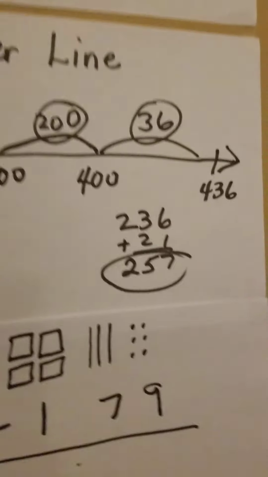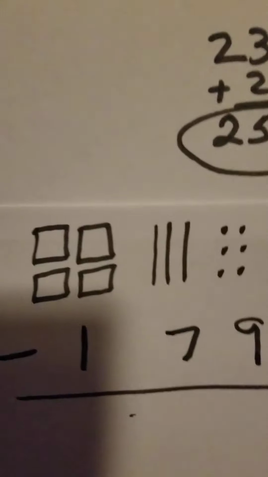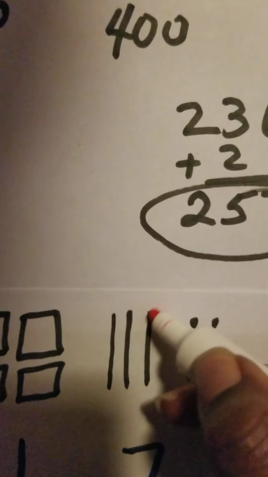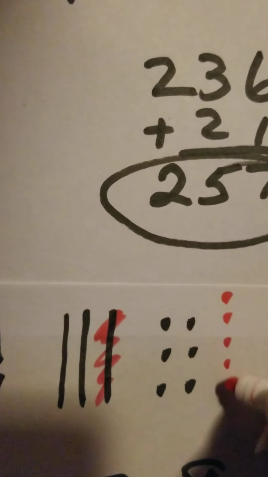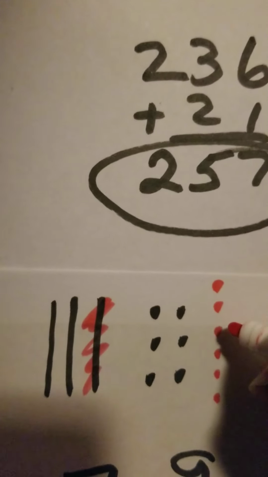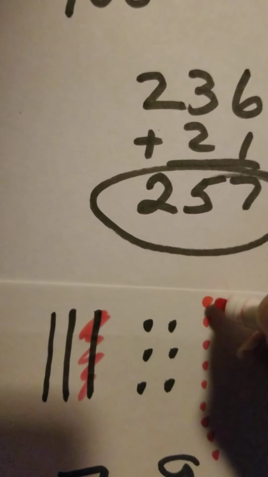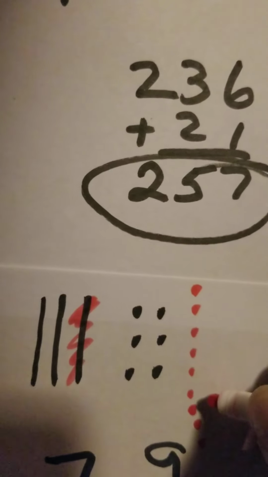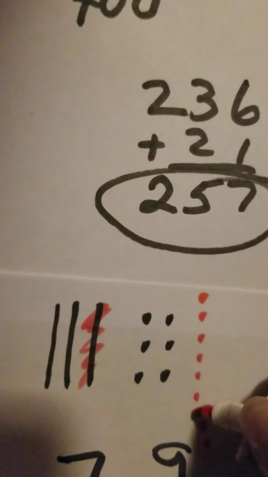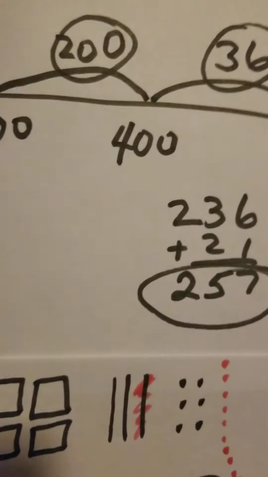We need to change how we have these numbers. Okay, so we get rid of this 10 and we're going to make it into 10 ones. 1, 2, 3, 4, 5, 6, 7, 8, 9, 10. All right.